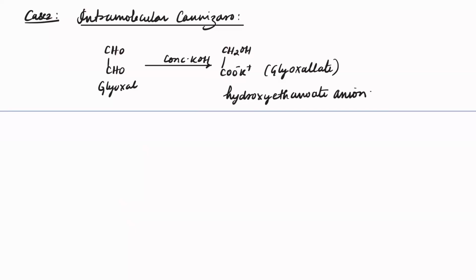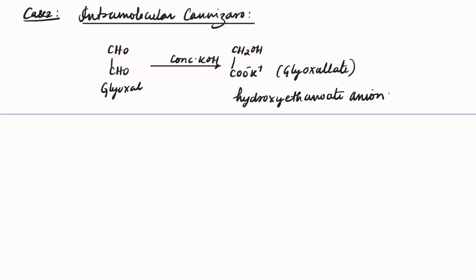Okay. So if you compare the rate here, we have CHO, CHO and CHO minus and OH. And then there is a hydride shift here, internally. Due to that hydride shift, here we'll get CH2OH and the bottom carbon will become CO minus.